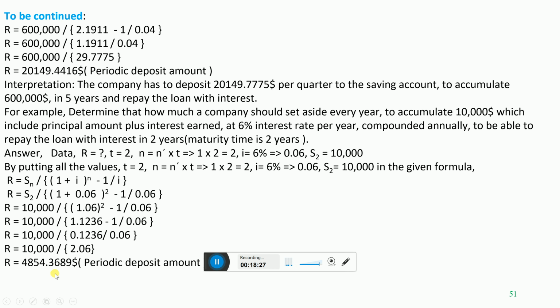I'm repeating the interpretation again. This is the periodic deposit we computed. If the company periodically deposits $4,854 every year into the saving account, the company will accumulate $10,000 and will be in a position to repay the loan with interest.